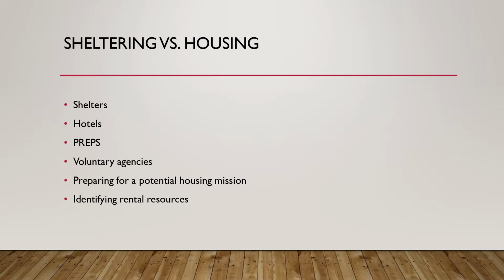So for example, obviously as we talked about regular shelters, hotel is a shelter option, is a form of housing, but still sheltering. PREPS, this is the partial repair for essential power and services. This is the program that we had during Hurricane Harvey. We saw a program similar to it, Shelter at Home, or STEP in Louisiana and New York.